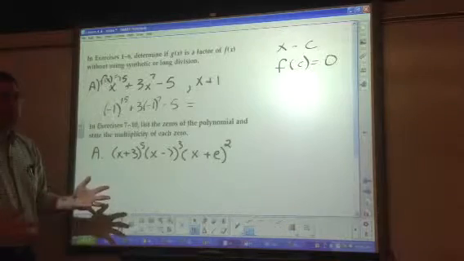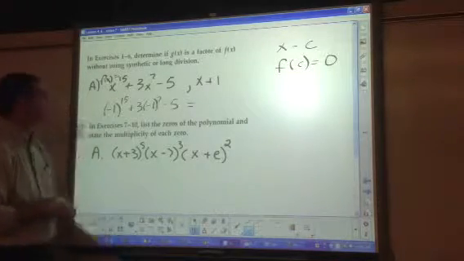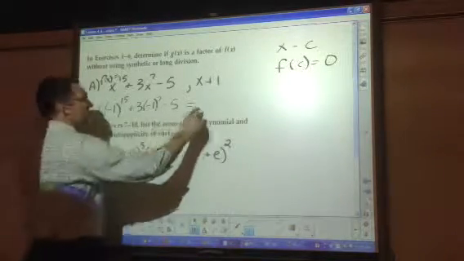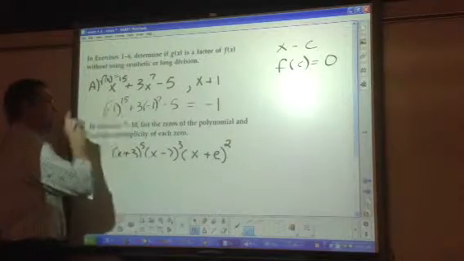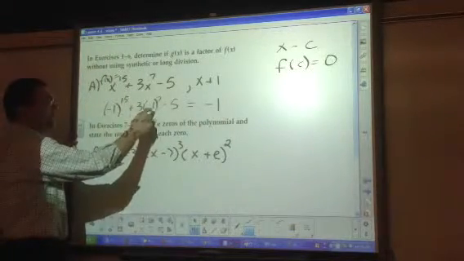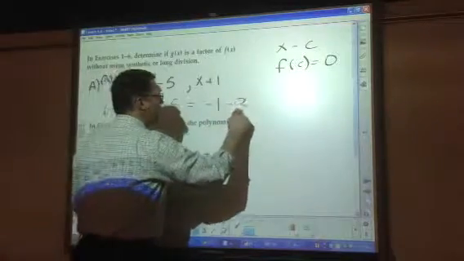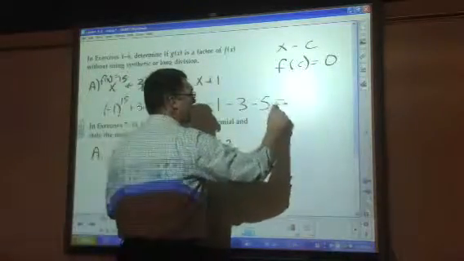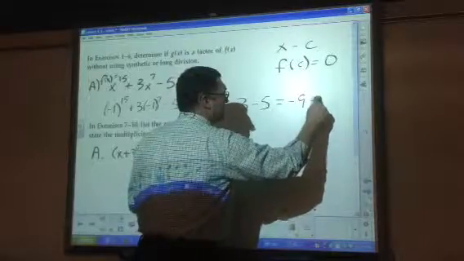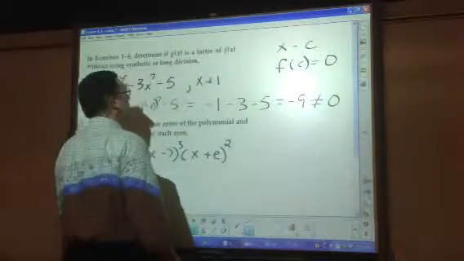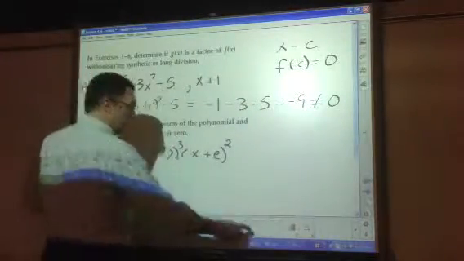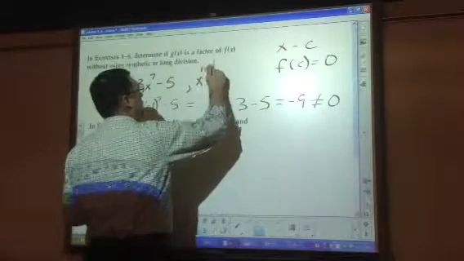If I get 0, then it's a factor. If I don't get 0, then it's not. So let's see, -1 to the 15th is -1. -1 to the 7th is also -1, times 3 is -3. And when I subtract 5, I get -9. Since this does not equal 0, x plus 1 is not a factor.